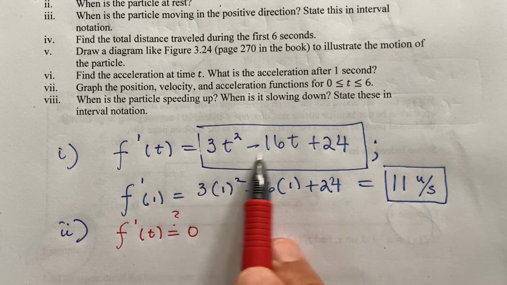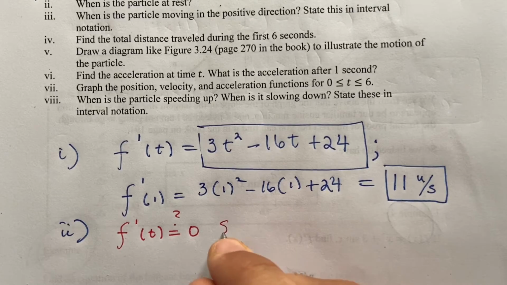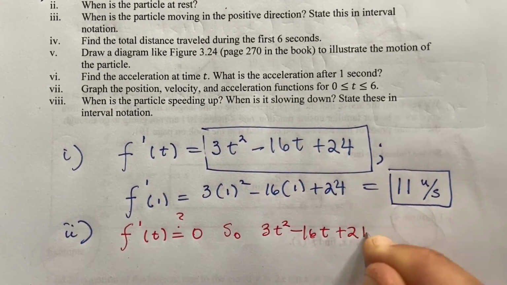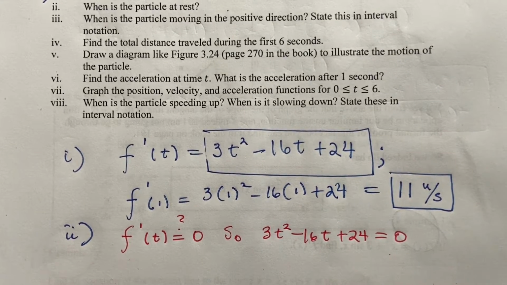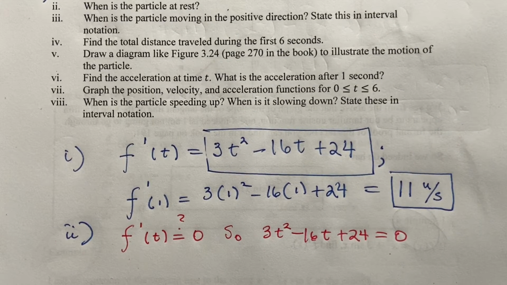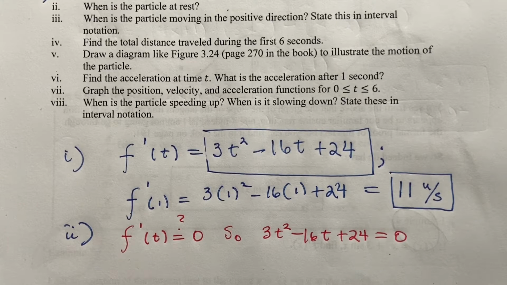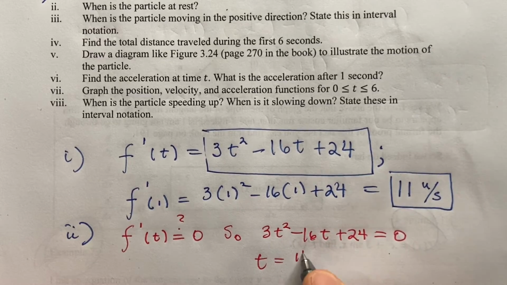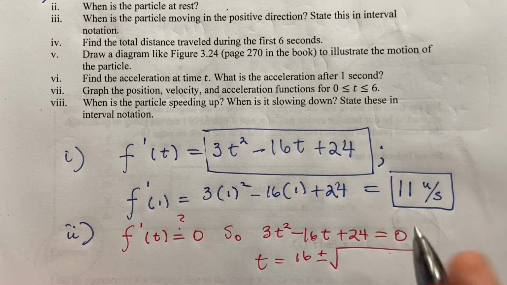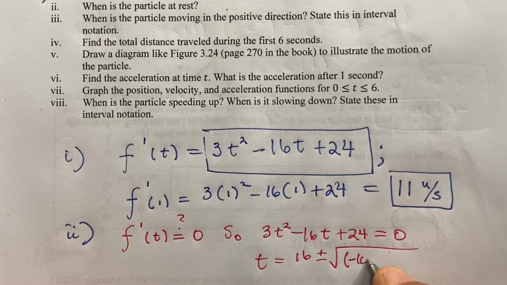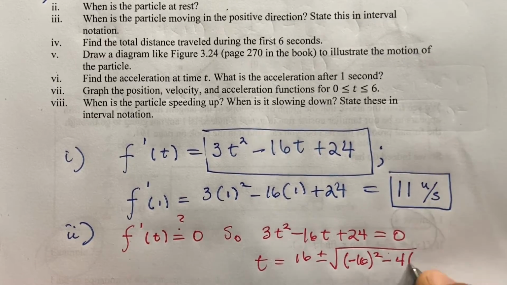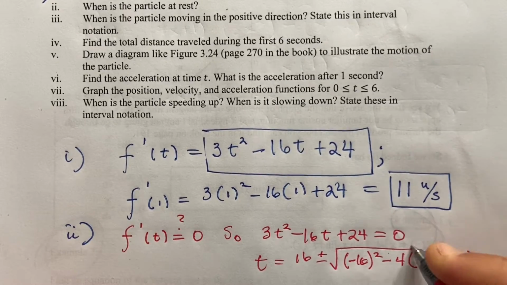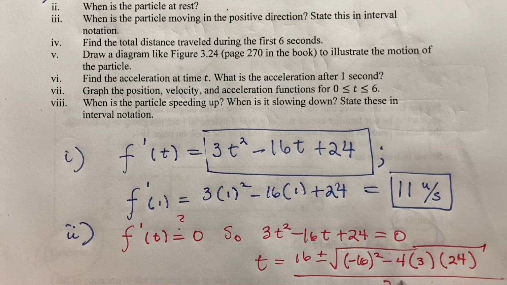So we had f prime of t right here. And solving this, we can use the quadratic formula. So t would be 16 plus and minus the square root of negative 16 squared minus 4 times 3 times 24 all over 2 times 3.